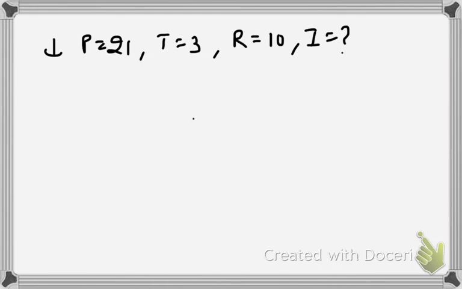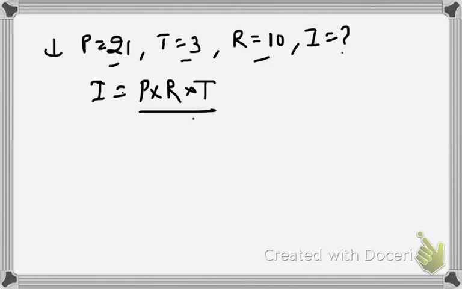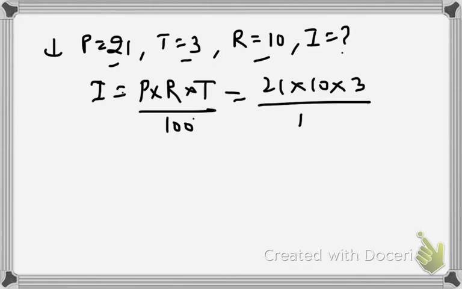Now this is your first question. You are given principal, time and rate, and you have to find the interest. Quite a simple question. Your principal is 21, your time is 3 years, and your rate of interest is 10% per annum. So applying the formula, P into R into T upon 100, and putting in the values, you get 21 into 10 into 3 upon 100.